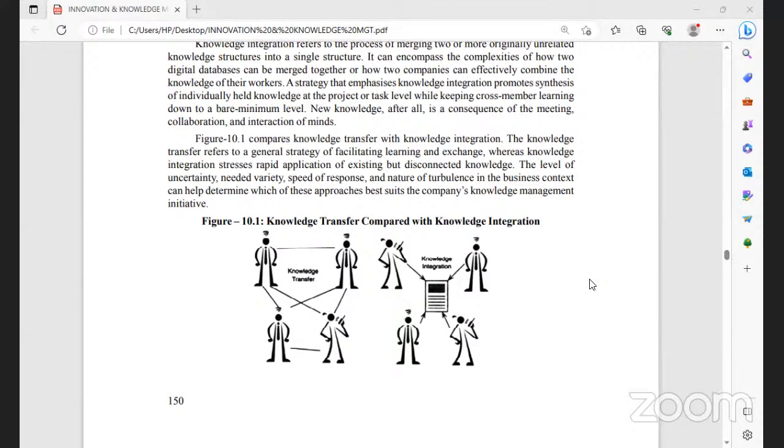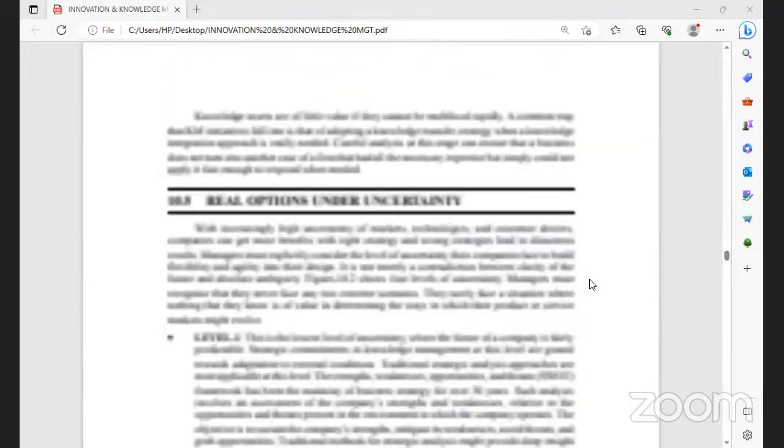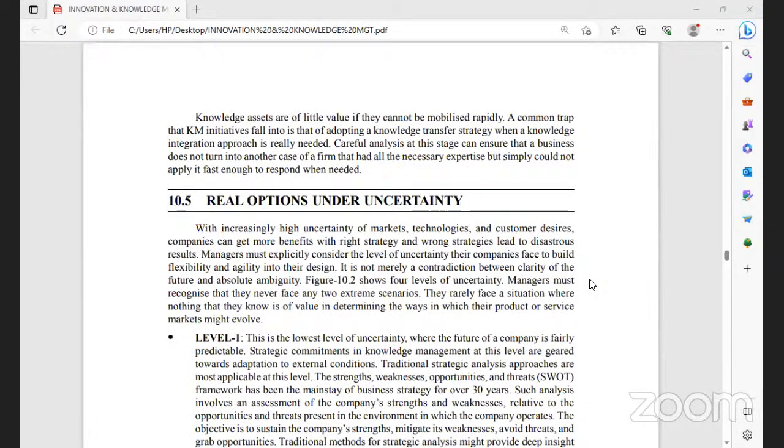The level of uncertainty, variety, speed of response, and the nature of turbulence in the business context can help determine which of these approaches best suits the company's knowledge management initiative. Knowledge assets are of little value if they cannot be mobilized rapidly.